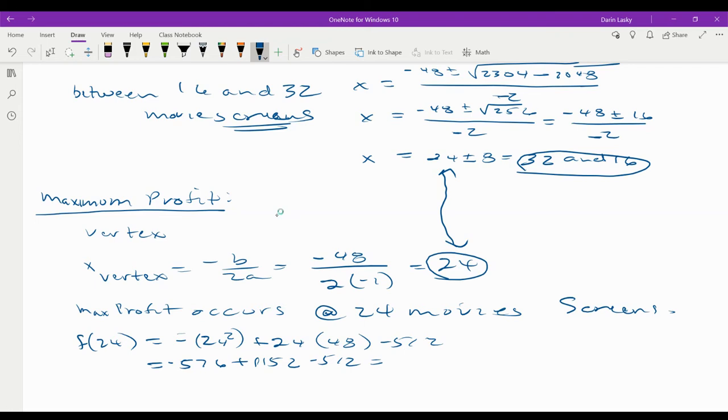Let's see, 1,152 minus 512 minus 576. Whoa, that's a big number. I did something wrong there. Something's going on with my calculator here.